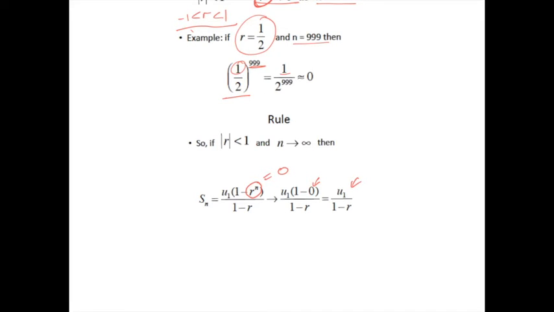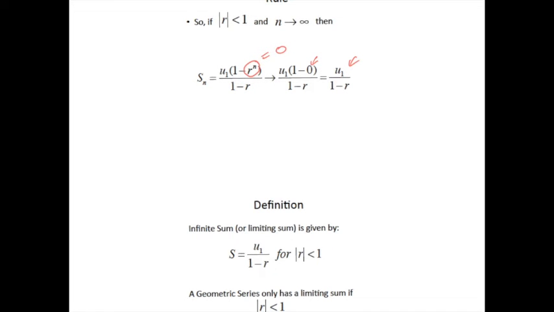Does that make some sense? Think about it. Basically, we're assuming if n is approaching infinity, getting extremely big in the hundreds, thousands, whatever, then r to the n is so small and insignificant, we no longer include it in the formula. So now, what does that all mean?